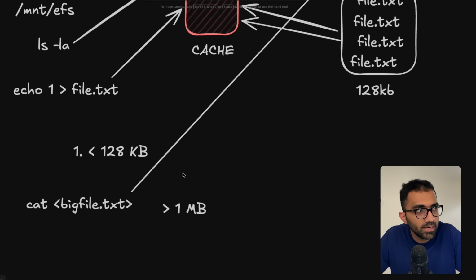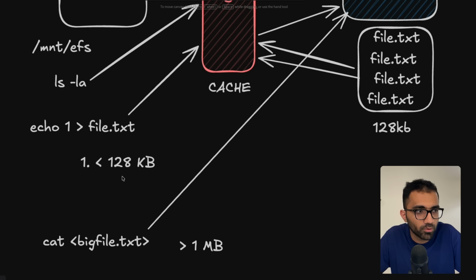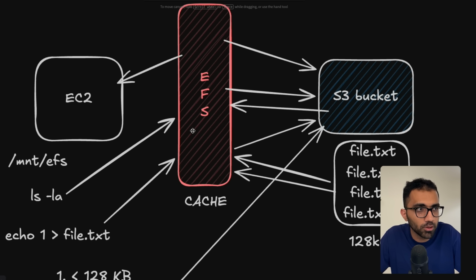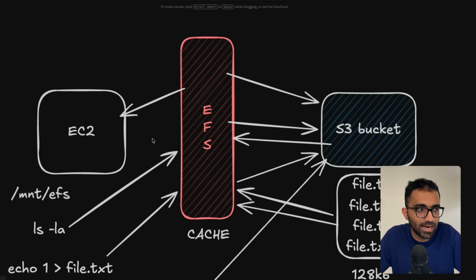Now, this might create a question in your mind: what if I create a race condition, right? What if you write a fresh file, let's say this file.txt, but this is getting written as, let's say, a 50 megabyte file, and then you immediately read it. Now, lucky for you, all of these common edge cases at least are considered, right? So S3 files internally has a mechanism of marking the file as dirty.